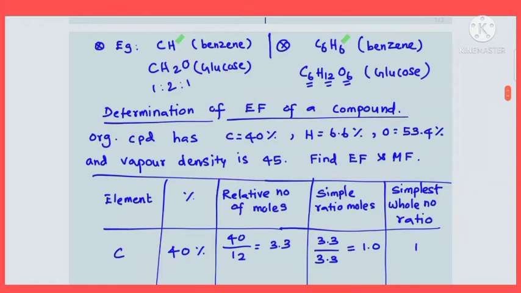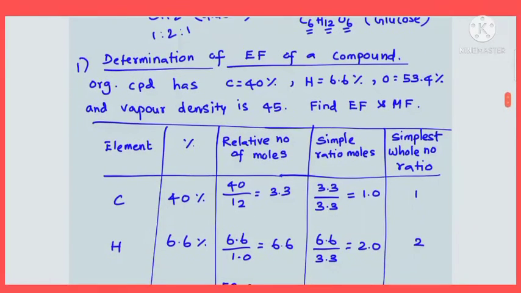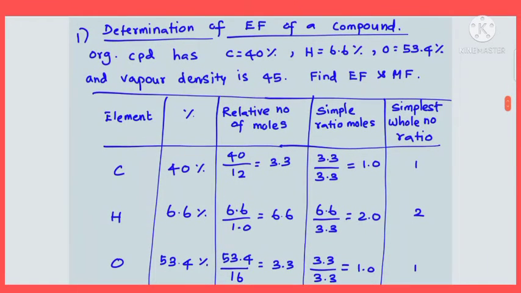An organic compound has carbon 40%, hydrogen 6.6%, oxygen 53.4%, and a vapor density of about 45. Find the empirical and molecular formula. Even though they ask for the molecular formula, first we are supposed to find the empirical formula, and only then can we move to the molecular formula.